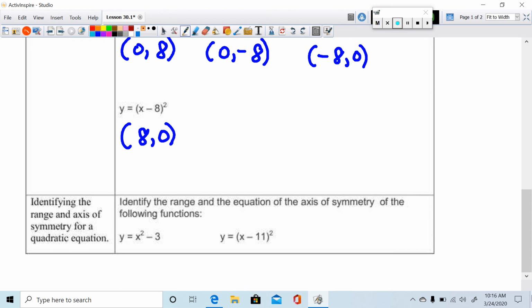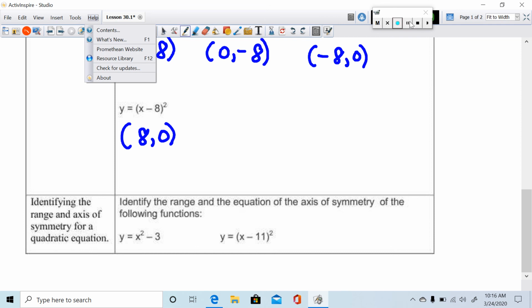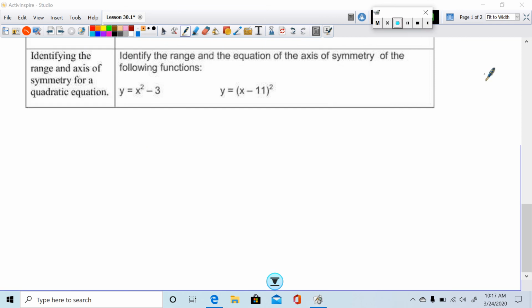Identify the range and axis of symmetry of the following functions. Okay, so first of all, the vertex of this equation is 0, -3.